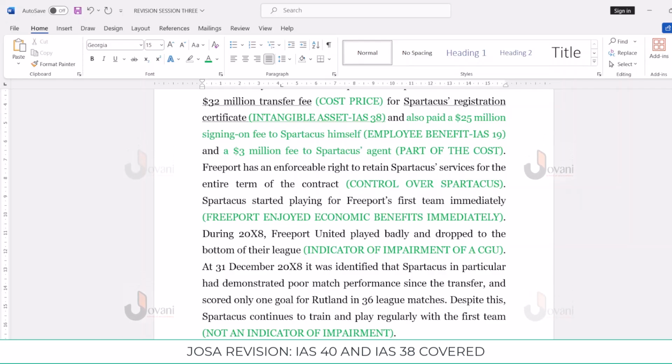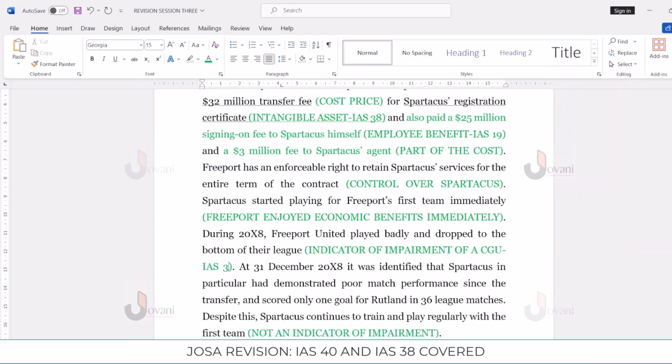He wasn't impaired. Do we get it? So this is IAS. I thought when I saw first team, it was the other team where he previously came from. No, it is the first team.